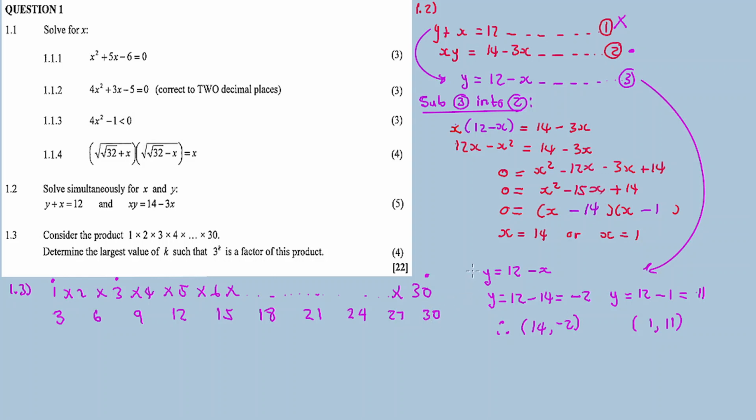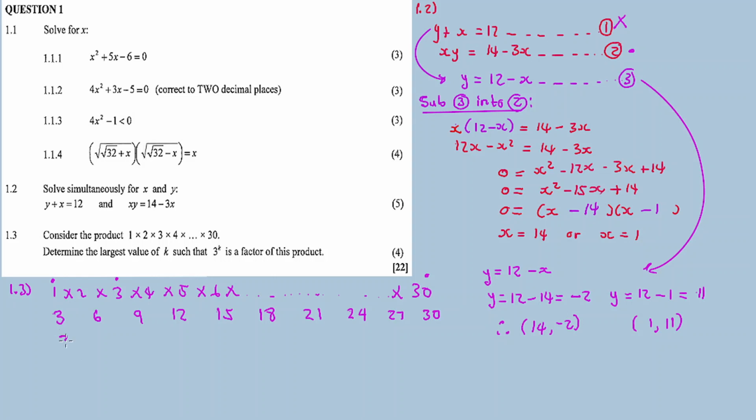We want the numbers which are multiples of 3. But we have to determine the largest value of k such that 3 raised to exponent k is a factor of this product. So in other words, the multiples of 3 that we find inside these numbers, we must express them as powers.